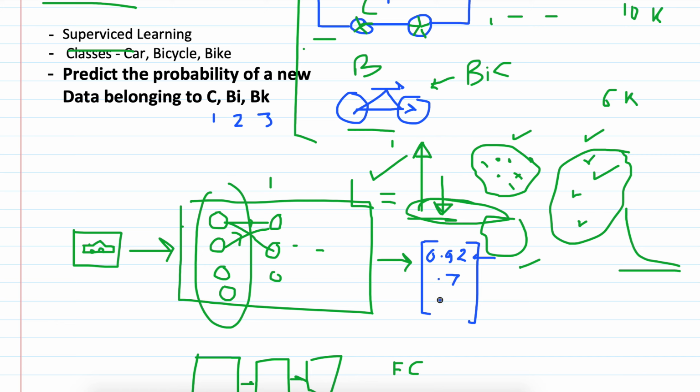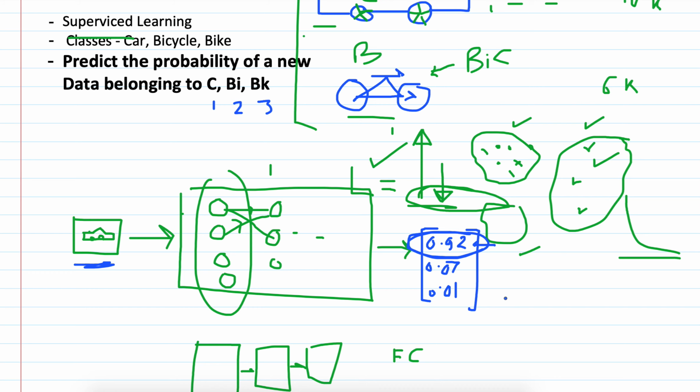So we will see that it's very much confident of this image belonging to class 1, which was the class of a car. So this will be the final thing once the network is trained.